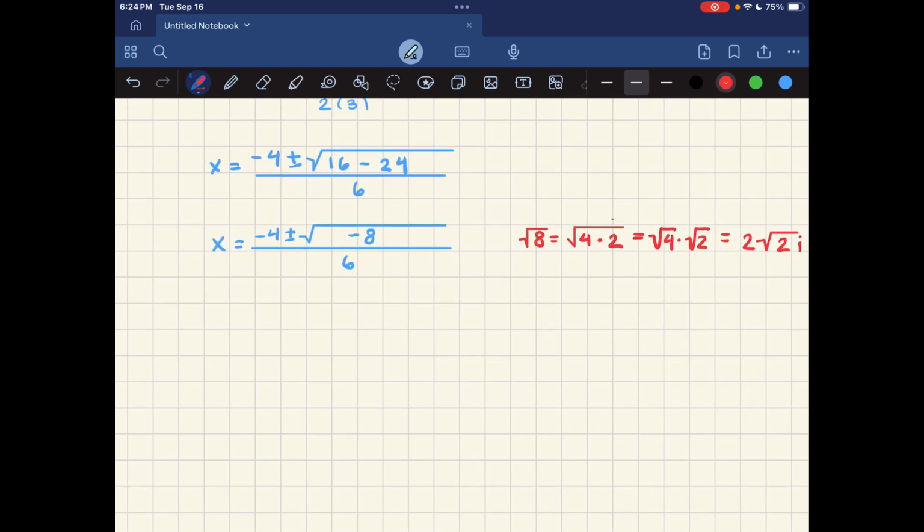Now we're continuing with our quadratic. We know that this is going to be 2 square root of 2 i over 6. And don't forget the i.